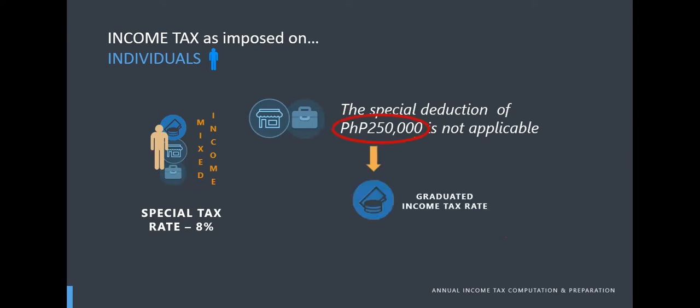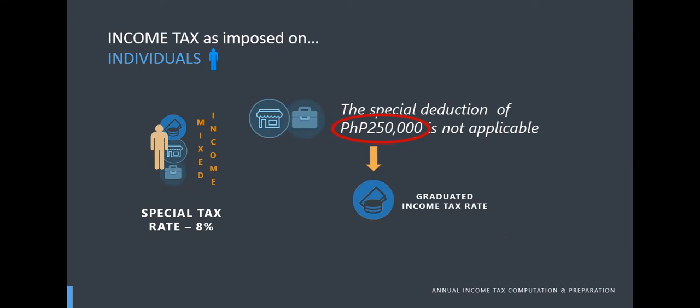This 250,000 was already used up in the computation of the graduated income tax rates for the income under compensation.